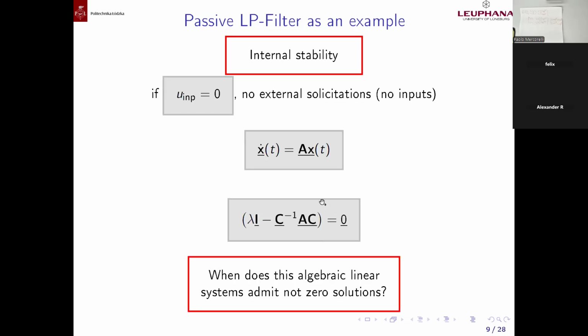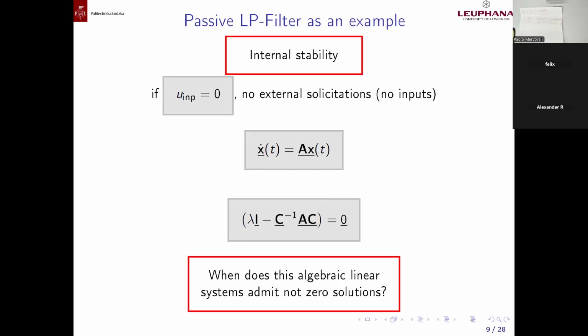This I copy for you. This expression here again. Now the question is basically, when does this algebraic linear system admit non-zero solutions with respect to C? This is the problem.